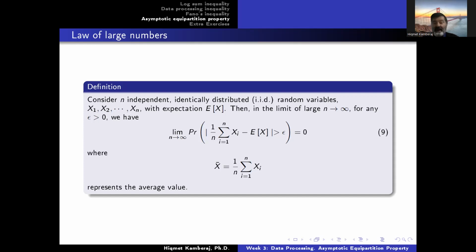Then in the limit for large n, or n goes to infinity, for any epsilon greater than 0 but small, the limit when n goes to infinity of the probability that the absolute value of (1 over n times the sum from i equal 1 to n of x_i, minus E of x) is greater than epsilon must be equal to 0. Here, the sum of all i's from 1 to n of x_i times 1 over n is denoted by x bar and gives the average value.